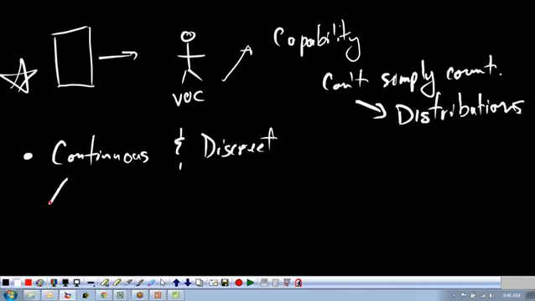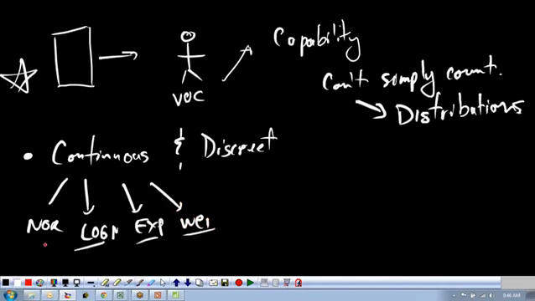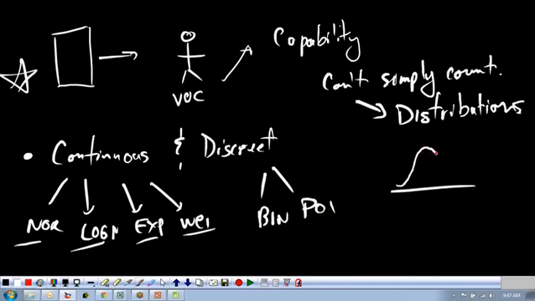The continuous distributions are the normal, the log normal, the exponential, and we also touched base on the Weibull. Those are the ones that we learned, and for the discrete, we learned binomial and Poisson.